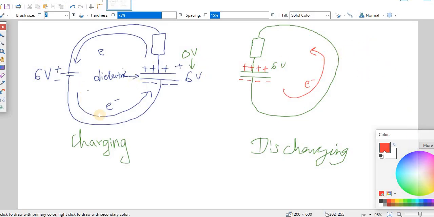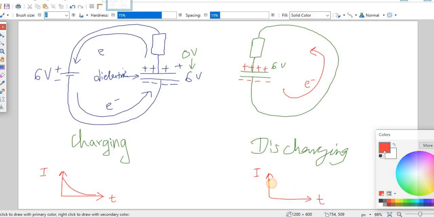Here also you have a graph. If you draw a graph of current versus time, in the beginning you have a high current, and then it will decrease, and eventually the current will be 0. Same thing here. At the very beginning the current is the highest, then it will decrease with time.